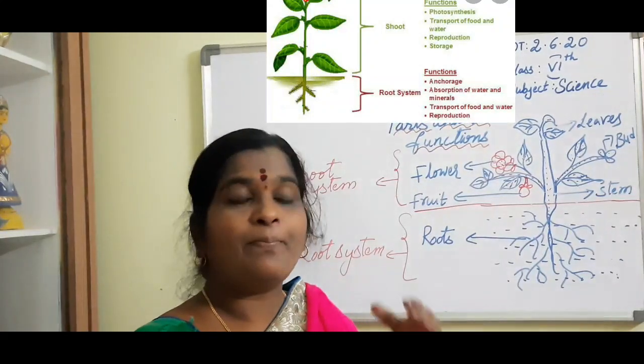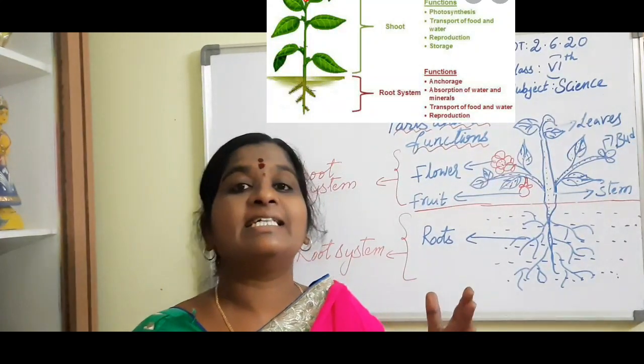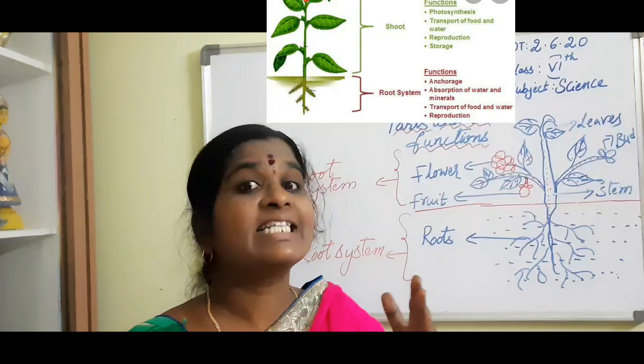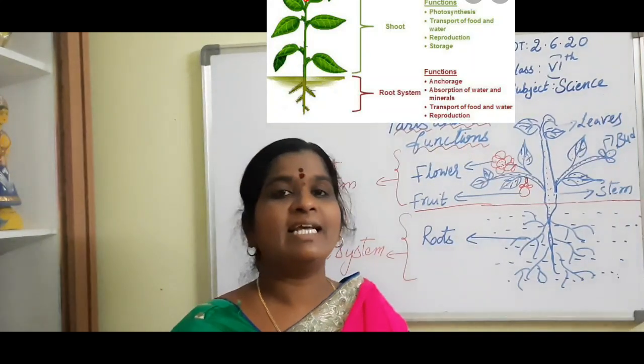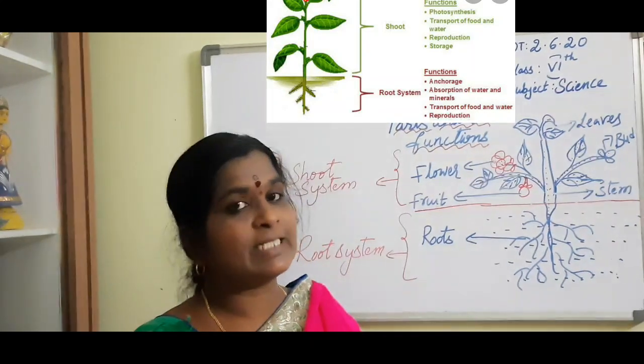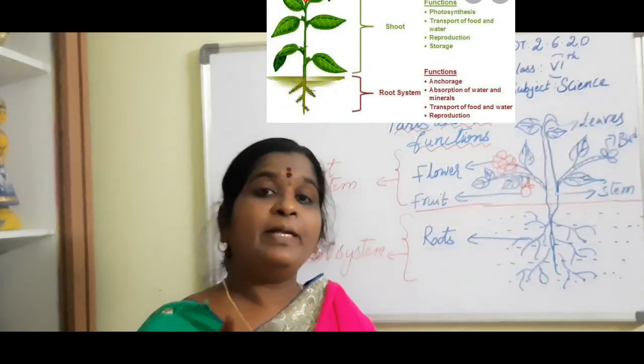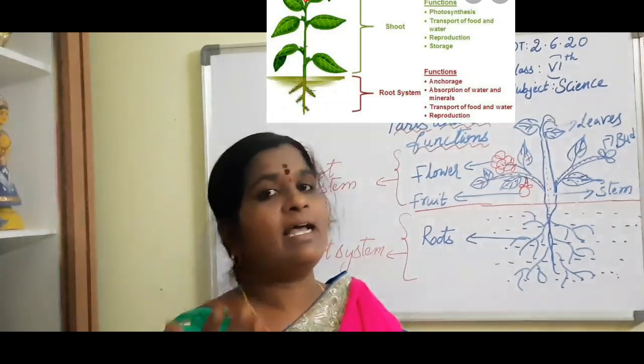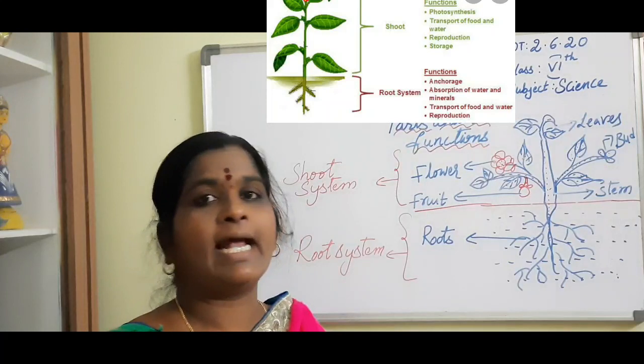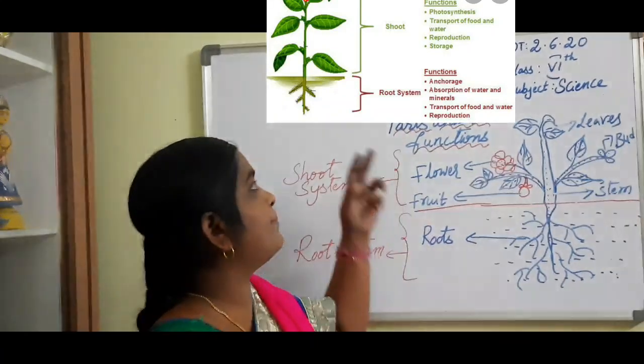So the plants act as the lungs of the earth, because exchange of gases takes place between the plants and the atmosphere. Okay, understood. So this is the importance of the plant.